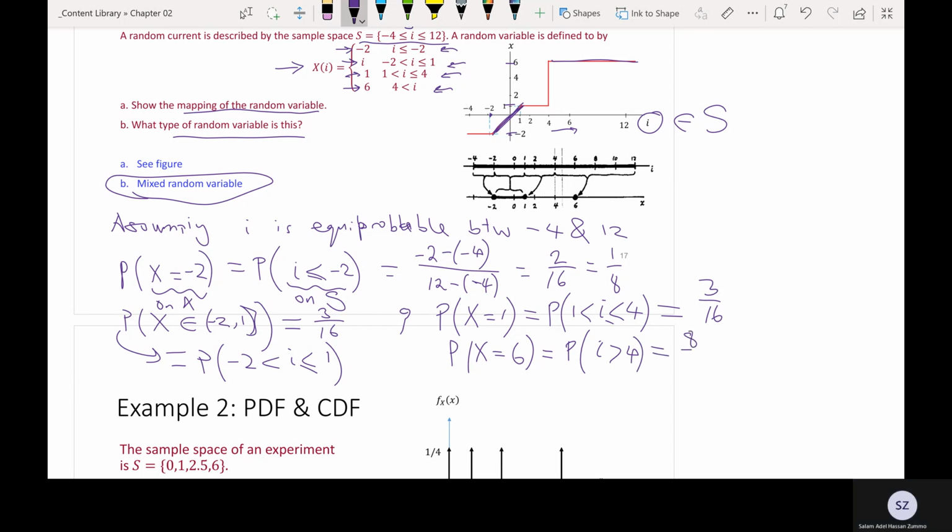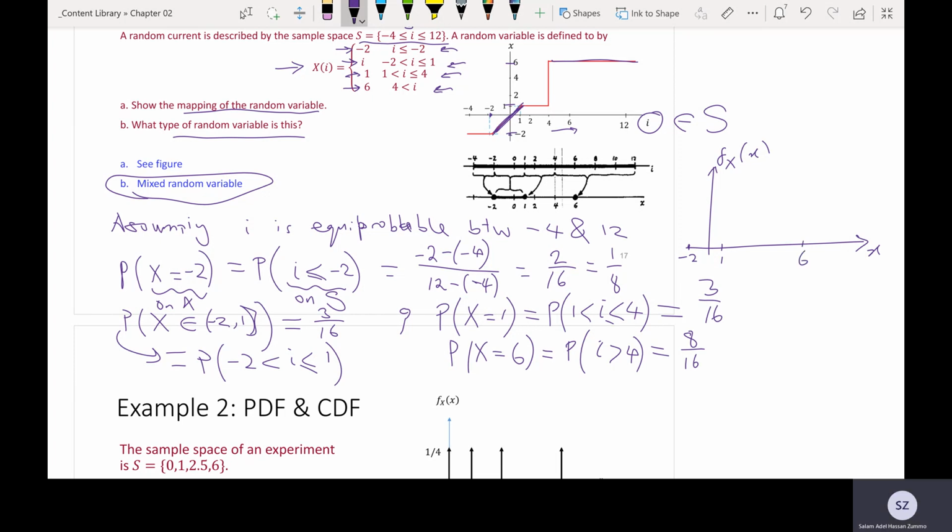It is equal to 8 divided by 16. So now if you look at the PDF of x, the PDF will have one impulse at minus 2, right? So if we look at the PDF, f of x, and this is x. X can take values from minus 2 to 1, and what else? 1 to 6, right?